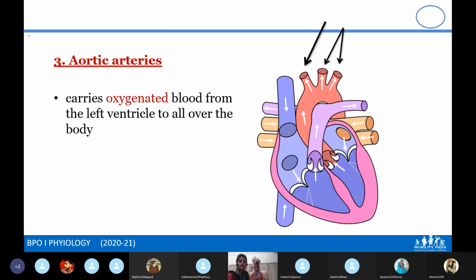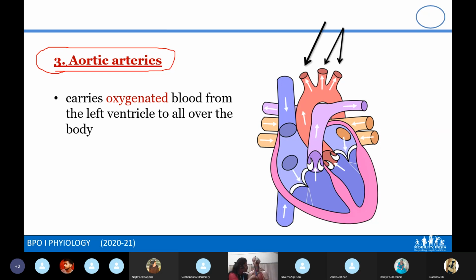So next blood vessel is the aortic artery. Arch of aorta, which is the largest artery in the human body. Remember, which is the largest artery in the human body? That is arch of aorta. Which is the largest vein in the human body?